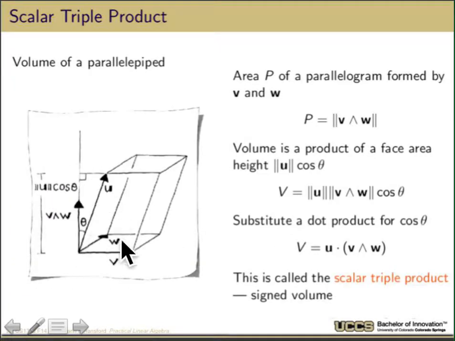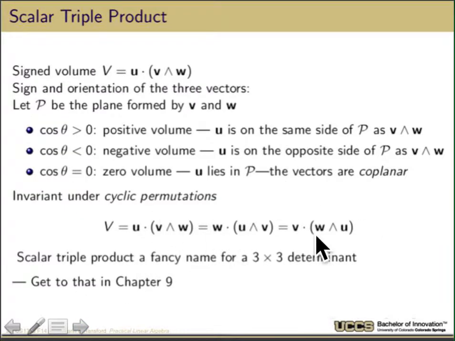Notice I can't make all possible permutations because if I change U and V and leave W, well then U cross V would be pointing downward, and then I would change it to be negative. So not all 6 permutations, but what we call cyclic permutations, where I just sort of take W off the end, put it in the front, take V off the end of this, put it in the front. Those are our cyclic permutations.